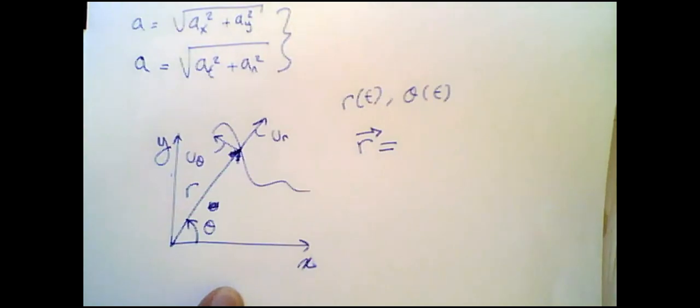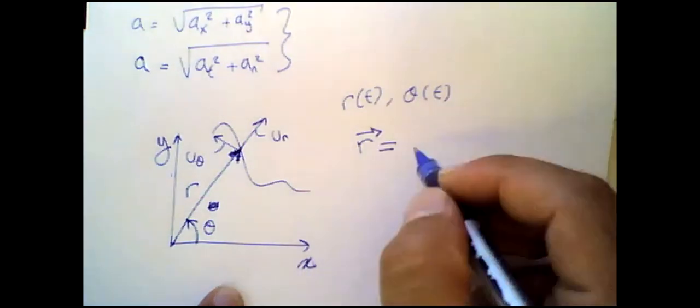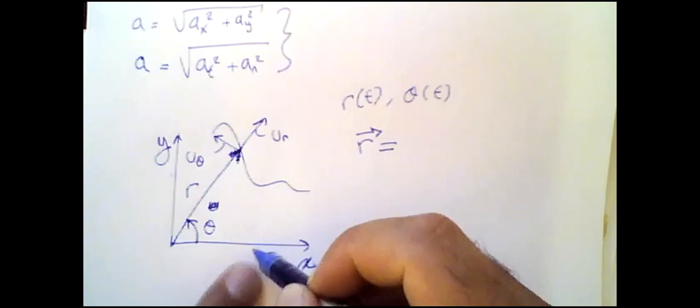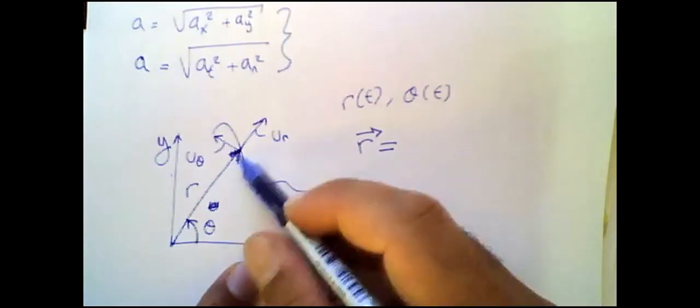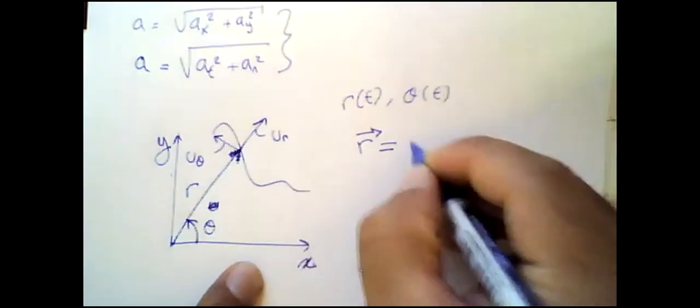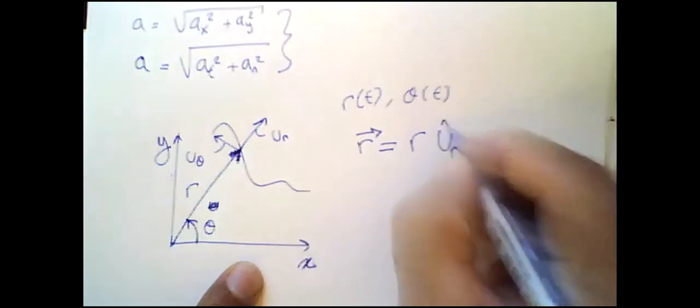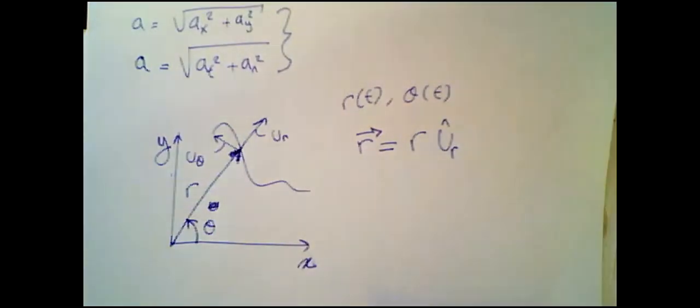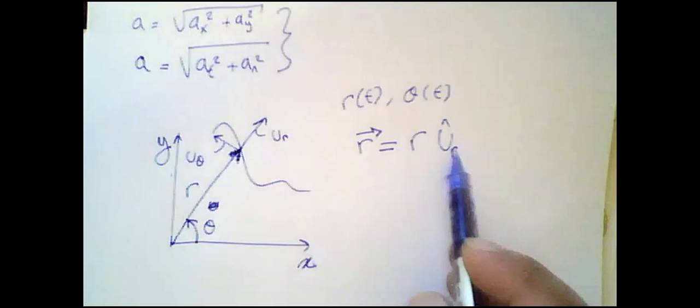How can I write the vector R in terms of these guys? R cosine theta I. Okay, that is if you want to express it in that frame. If I want to express it in the UR frame, it is simply going to be R times UR. So R is along the UR direction.